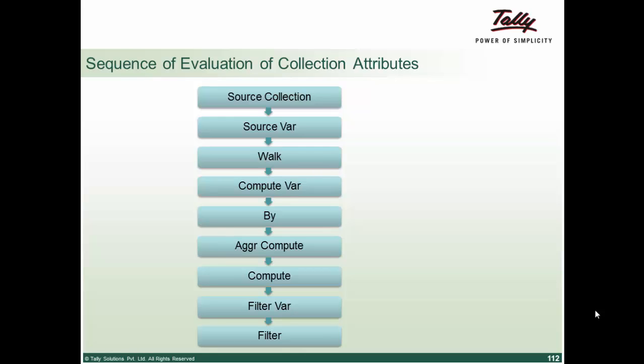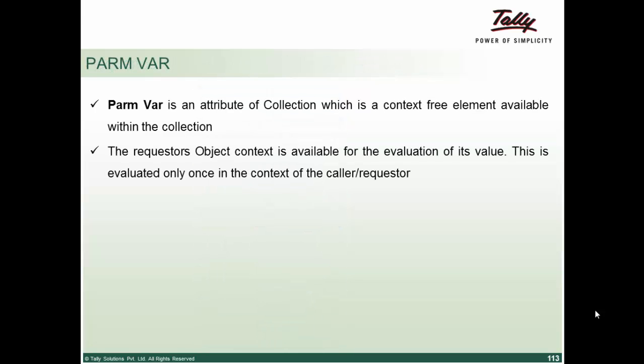After these three peculiar behaviors of variables, the source var, the compute var, and the filter var, we have something called parm var. Parm var is again a variable concept in collection. However, it is a context-free element available within the collection.